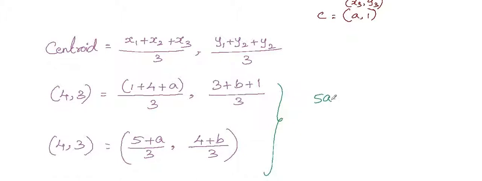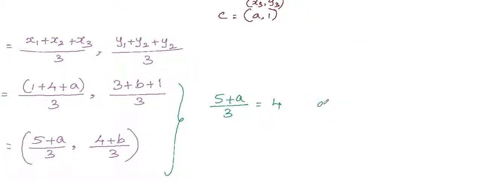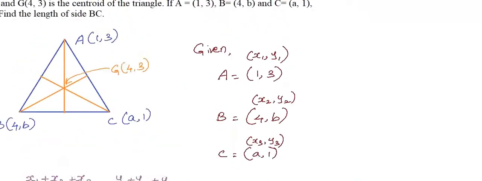So (5 + A) divided by 3 equals 4, and (4 + B) divided by 3 equals 3.